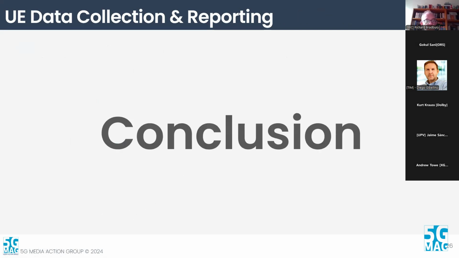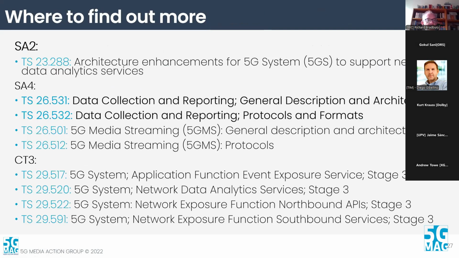So the conclusion is just a list of specs really. These are the 2 specs that we've been implementing. 26.531 is the stage 2 architecture. 26.532 is the stage 3 APIs and protocols. But this sits within a much wider context. SA2 defined the original architecture in 23.288.